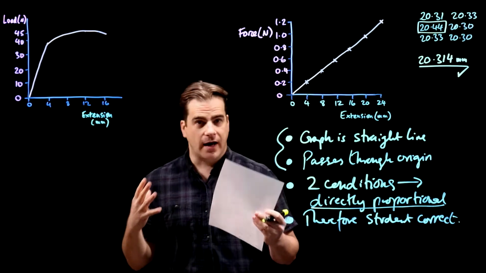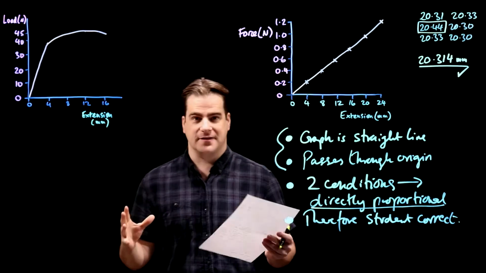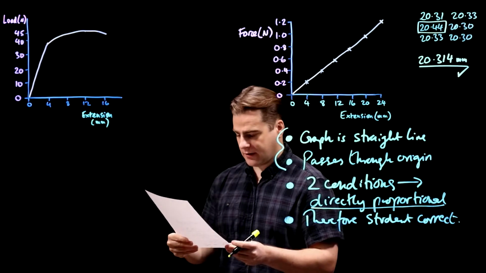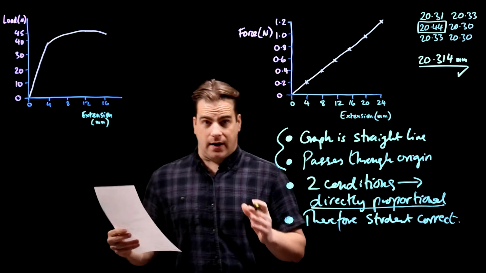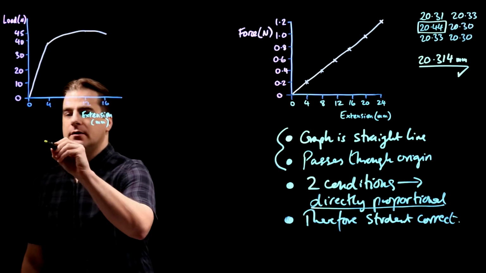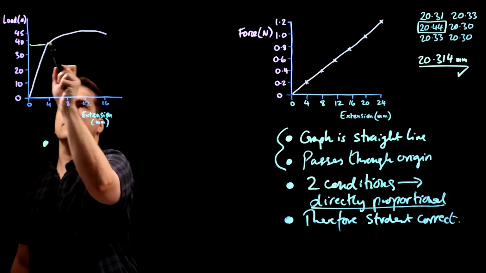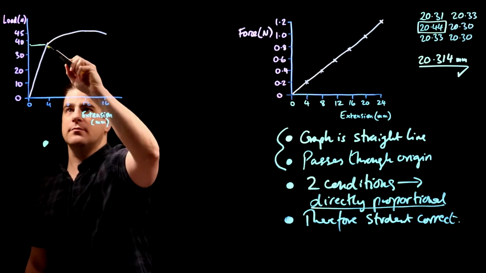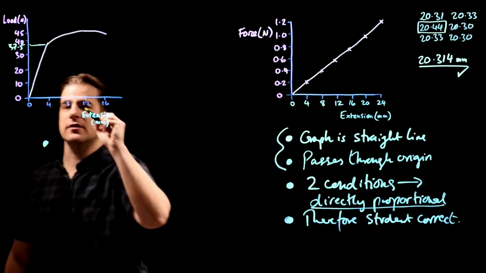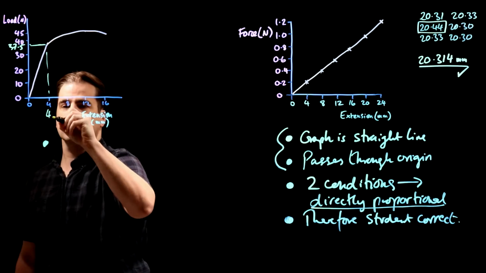So, how do we get 3 marks out of this? Well, as always, don't be shy about saying obvious things. There's a good chance to get the mark, okay? So, how would I do this? First thing, that is where it starts being non-linear. That's 37.5 newtons and 4 millimeters.